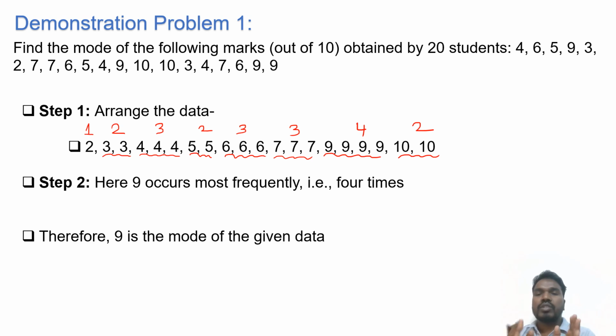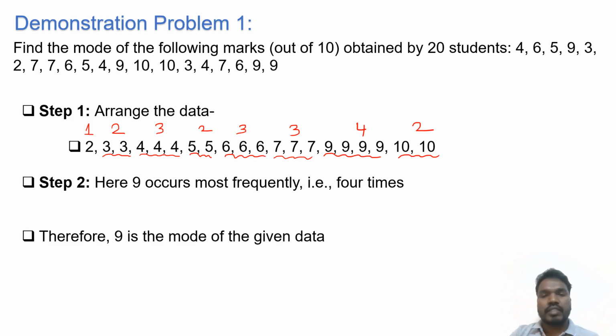As simple as that. You see the data, arrange it in ascending, descending or tabular form. Why? Because we wanted to find the frequency of each data point. After knowing the frequency, we just look for the maximum frequency, then the corresponding data point with the maximum frequency is called the mode of the given data.